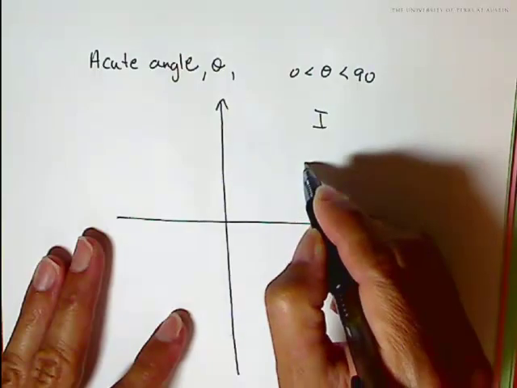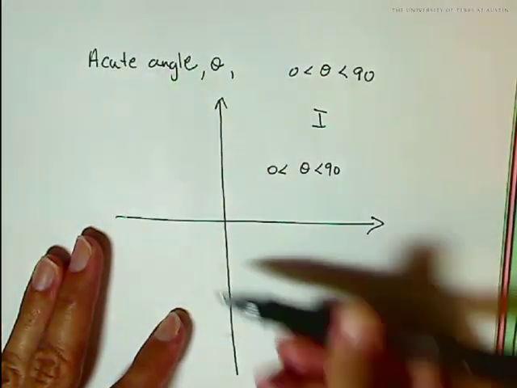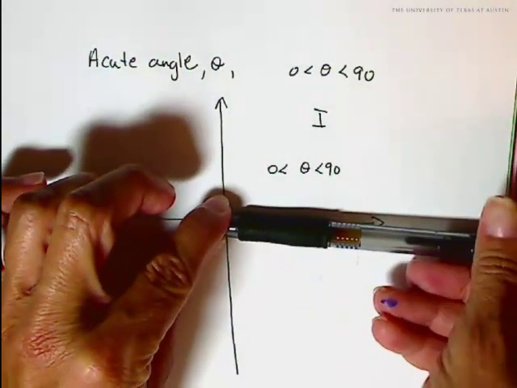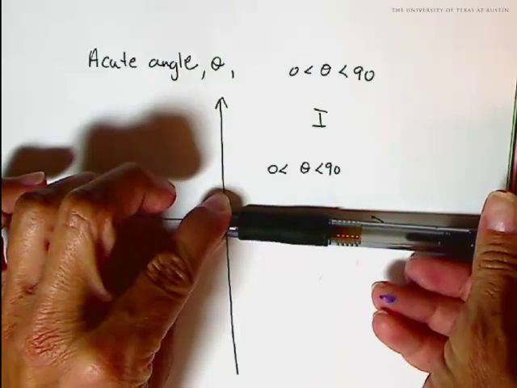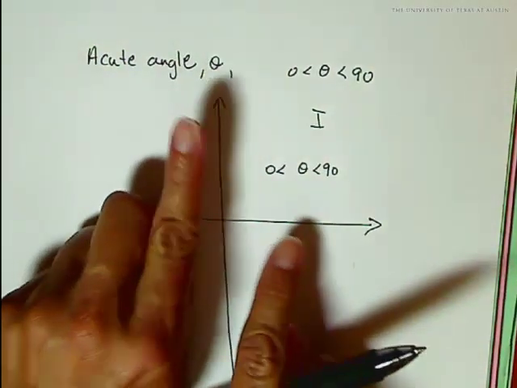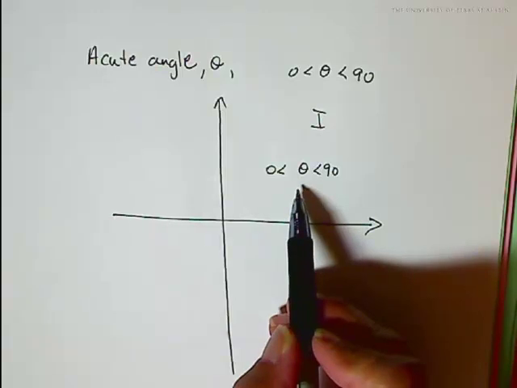In the first quadrant, theta is less than 90, greater than 0. So on the horizontal axis, on the initial side, our angle is 0, and if I go all the way to the vertical axis, then my angle is 90. But between those two, so in the first quadrant, my theta is between 0 and 90.